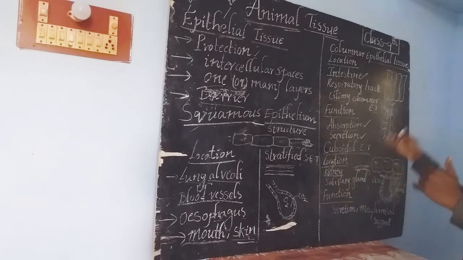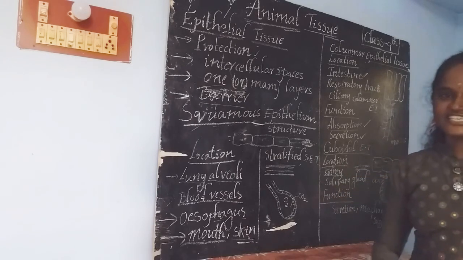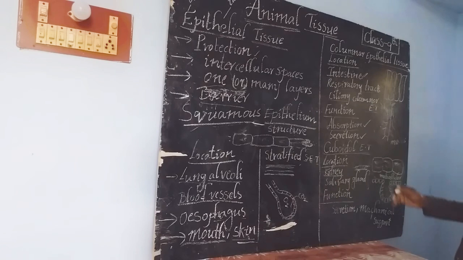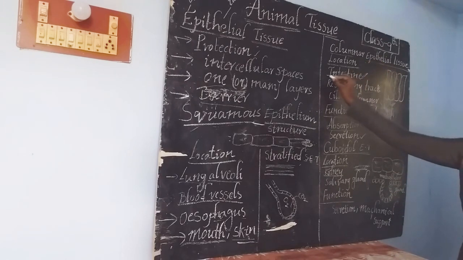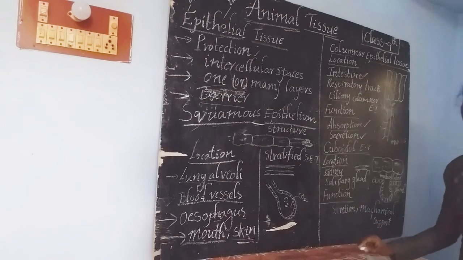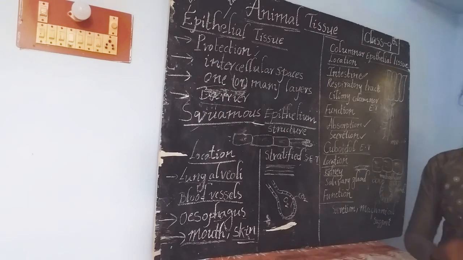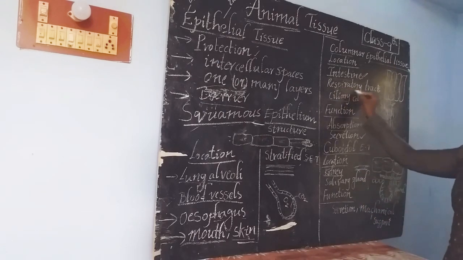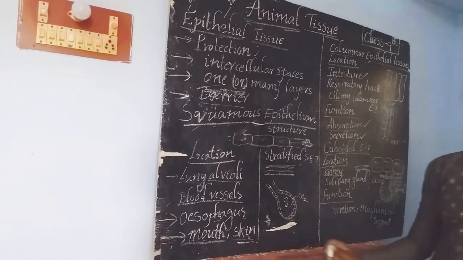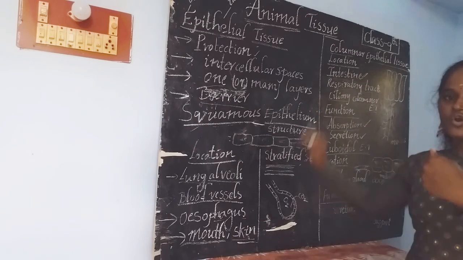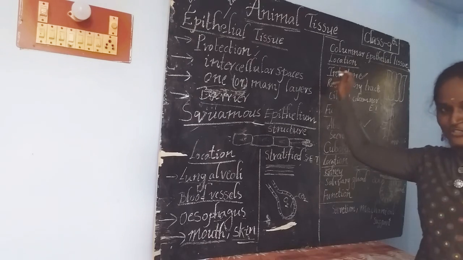That's why we gave the name columnar epithelial tissue. Here you find that it is present inside the intestine. The intestine is lined with columnar epithelial tissue, and the respiratory tract is also made up of columnar epithelial tissue.